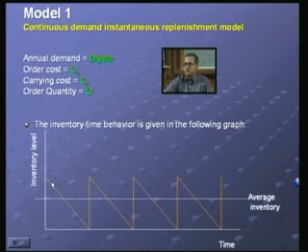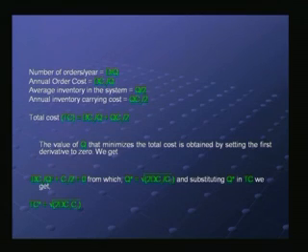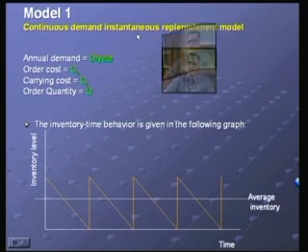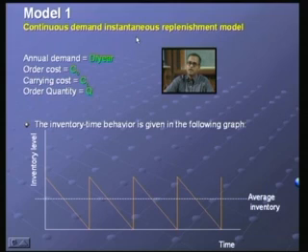This is the graph of inventory versus time. Now we assume that an order for quantity Q has been placed, and because of instantaneous replenishment we assume that the order has come instantly. Because of instantaneous replenishment, we will place the order when the stock on hand becomes 0.